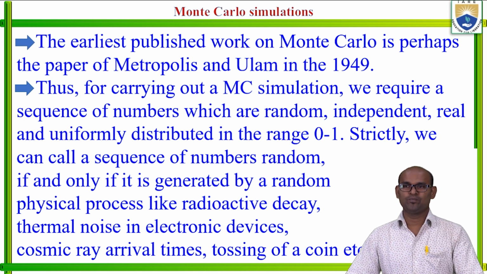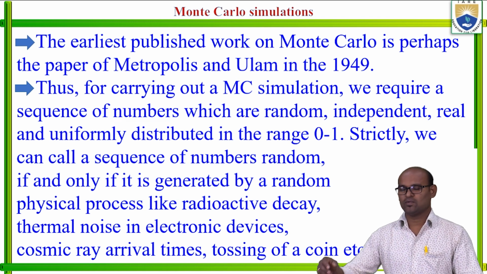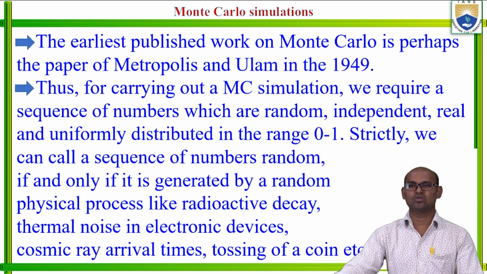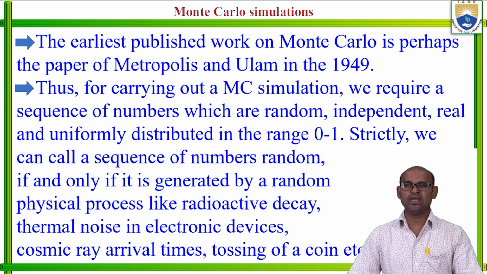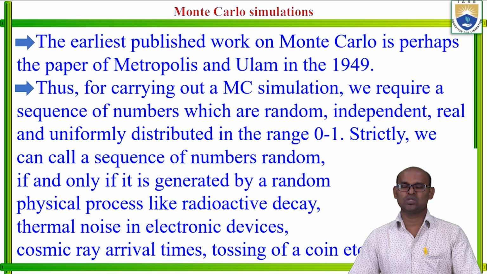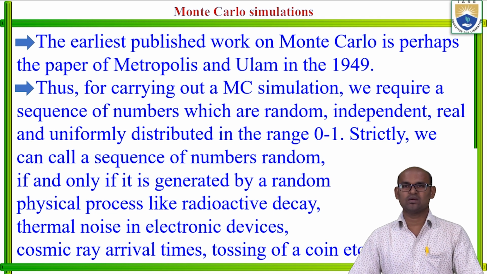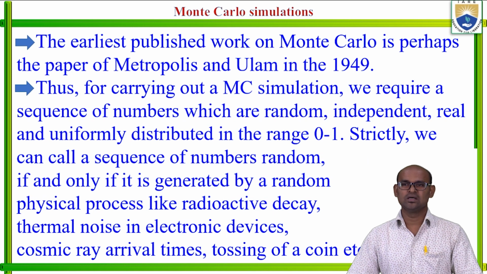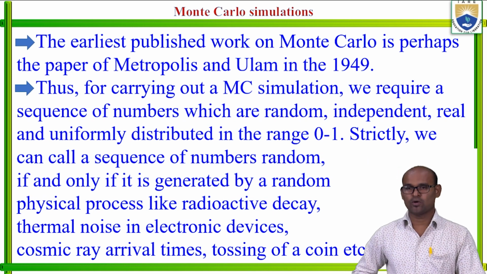A simple example is tossing a coin: the outcome will be either head or tail, and you generate one random number. The random numbers generated by this experiment we can call strictly random, because they are generated by a physical process.